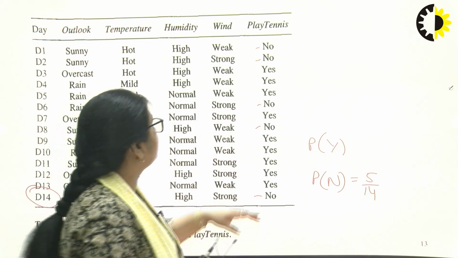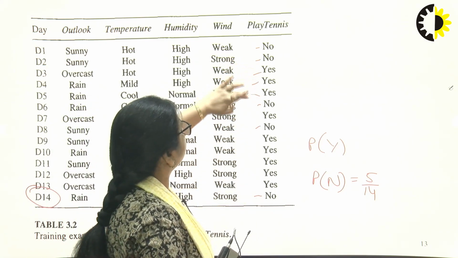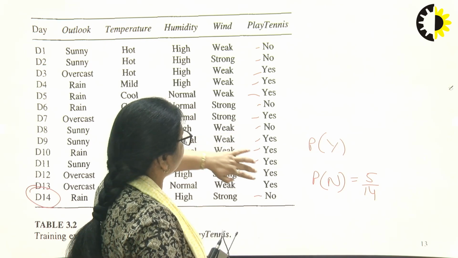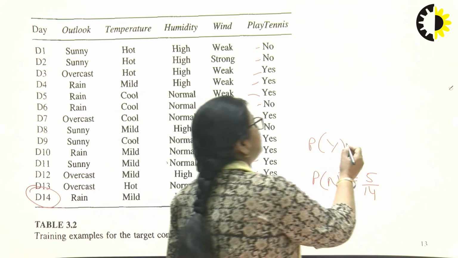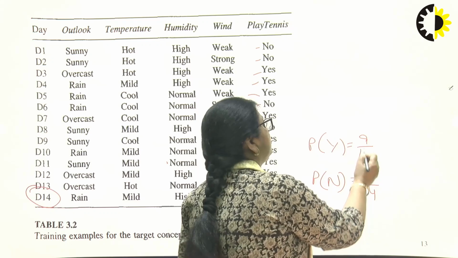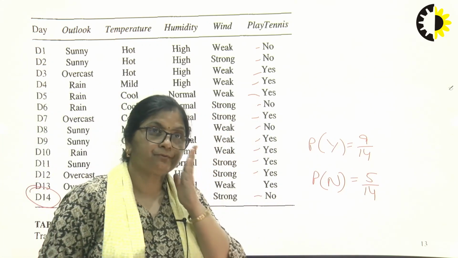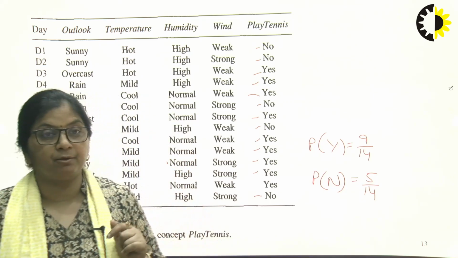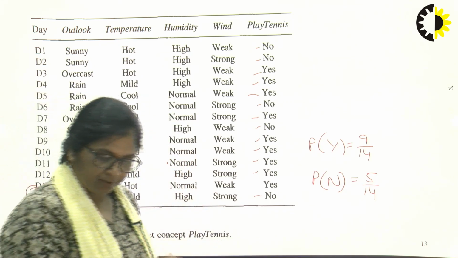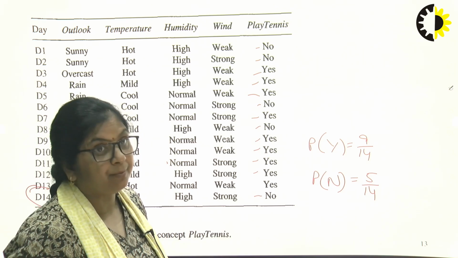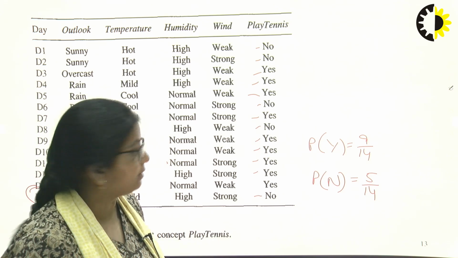And now if I say yes, 1, 2, 3, 4, 5, 6, 7, 8, 9, so 9 by 14 is the probability that it belongs to the positive class. So, this is our prior probability. Now, what is the question? That depends on what we actually want to calculate.